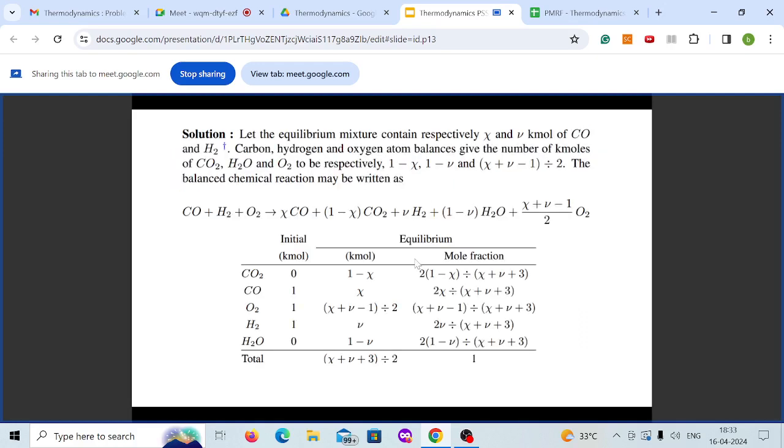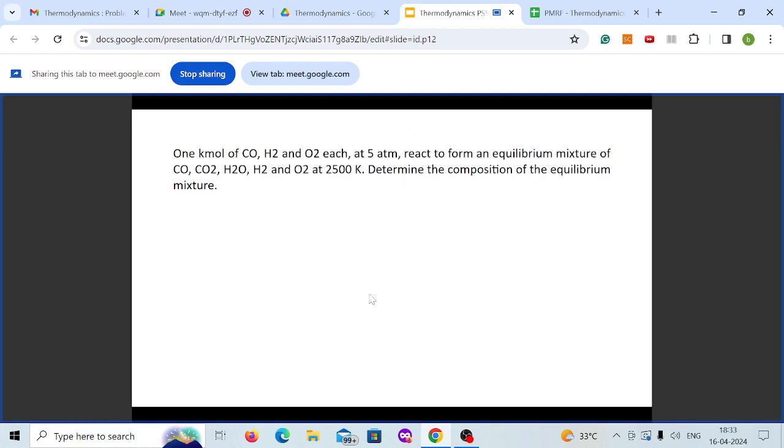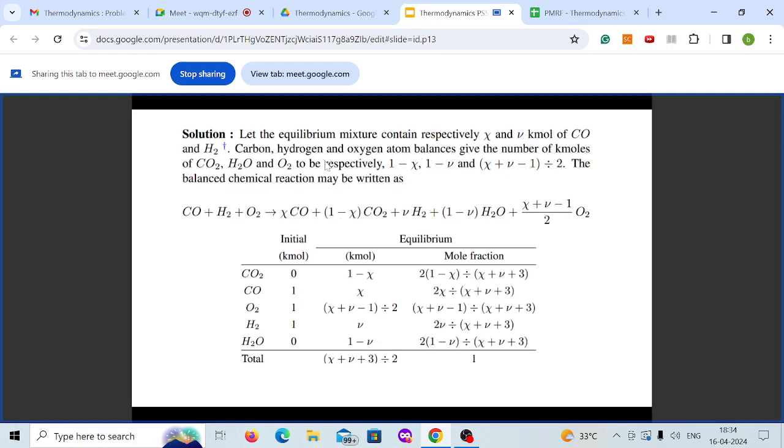So if you see in this problem, we have two products, CO2 and H2O, which we need to find out. The individual components are carbon, oxygen and hydrogen. So we'll have one expression, but then we have to find two unknowns.